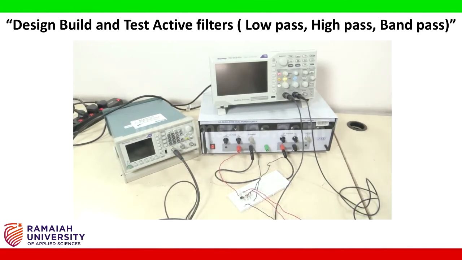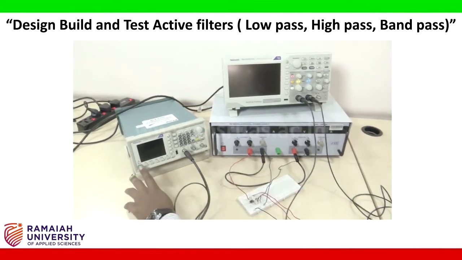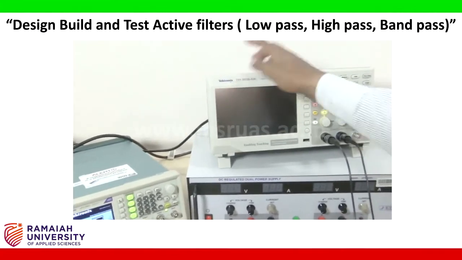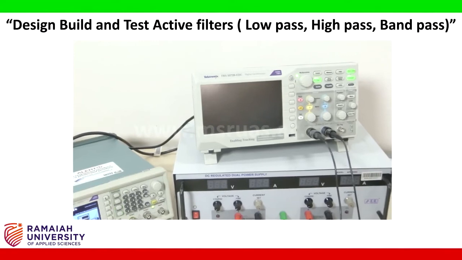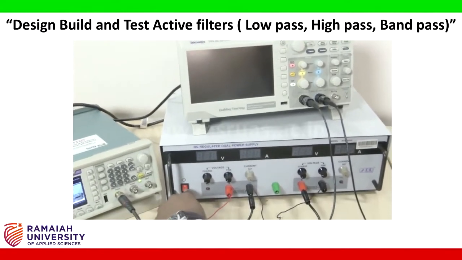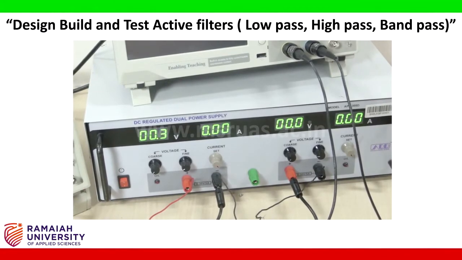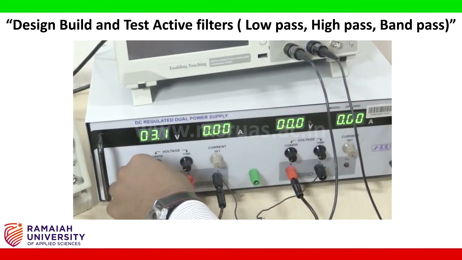So now I am going to switch on the signal generator, digital oscilloscope and DC regulated dual power supply. I want to set this DC regulated power supply to 12 volt in both the terminals.